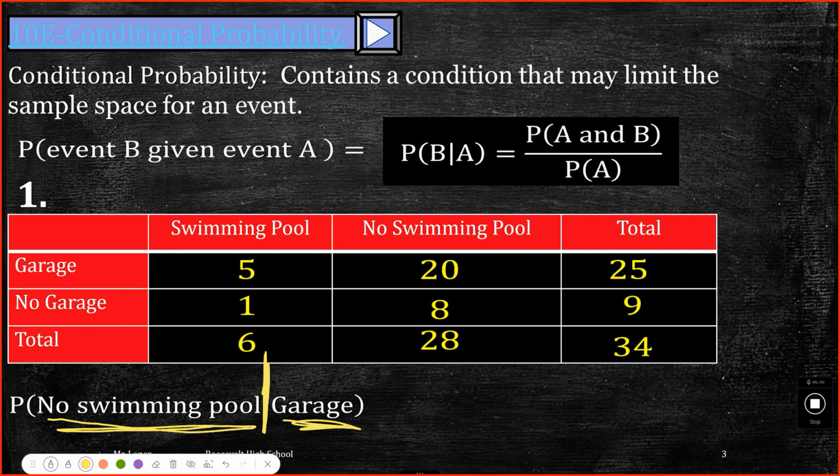Who thinks they got it? Here we go, for the data presented: what's the probability of picking a student that lived in a house that had no swimming pool, given that it is out of the houses that had a garage?